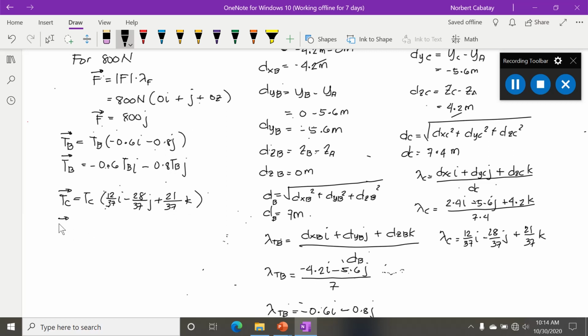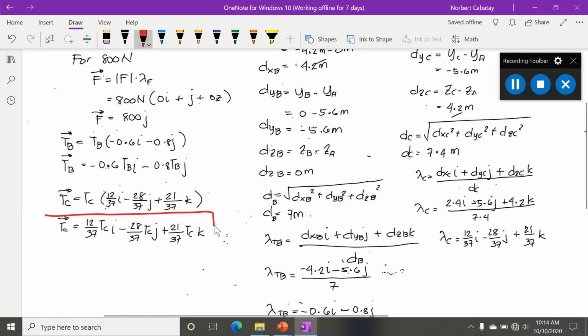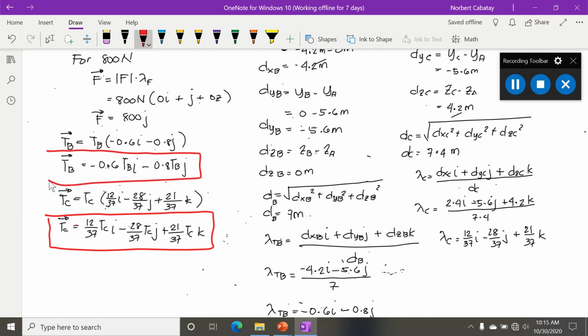So, kung i-distribute natin yun, T sub C is equal to 12 over 37 T sub C i minus 28 over 37 T sub C j plus 21 over 37 T sub C k. So, ito yung ating mga kailangan equation mamaya. Ito, for T sub C, T sub B, and for the force F, and another one, last, for the T sub D.